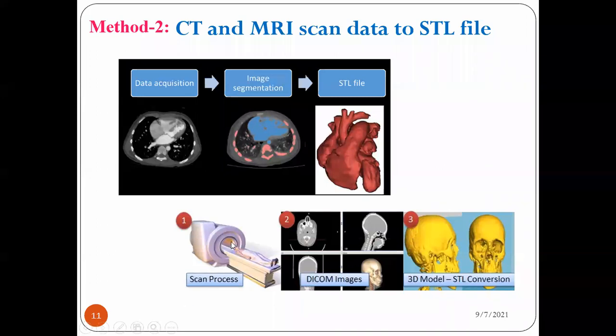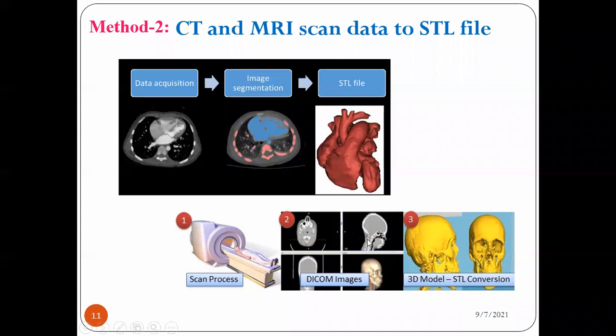Normally a 64-slice CT scanner takes 0.625 mm slice thickness. Based on the machine capabilities, it is dividing into slice thicknesses. Based on the slice thicknesses, the whole object is divided into a number of layers. Suppose you can see here, when I'm scanning this head, these are the DICOM images. From here to here, this much height, nearly 124 images are taken.